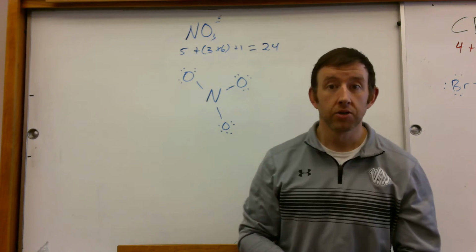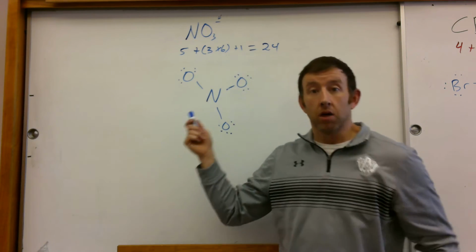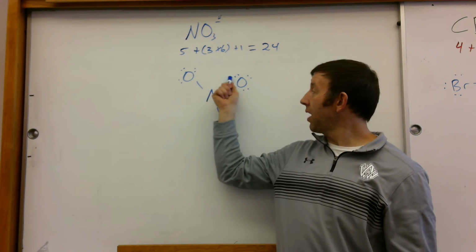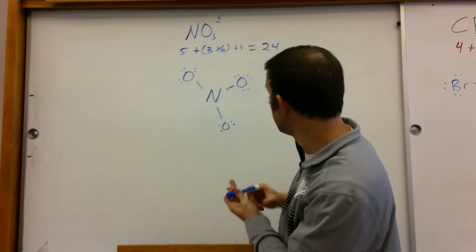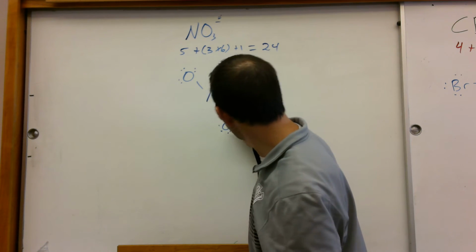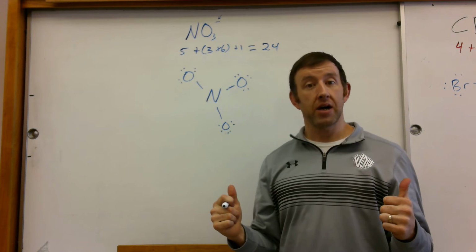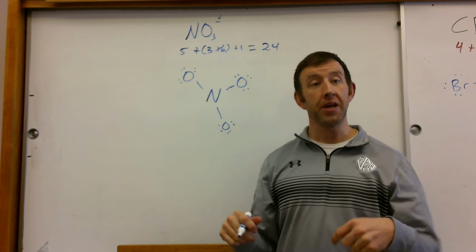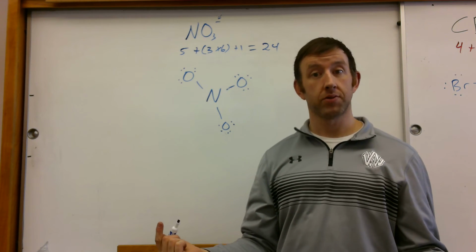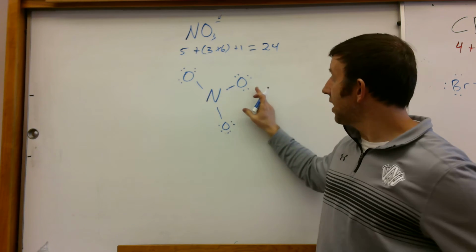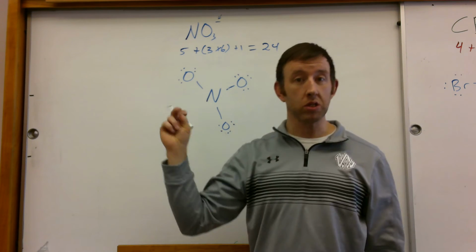All right? So, the next step then here is check for octets. All my oxygens have their octet. That's good. What I don't have is an octet around my nitrogen. All right? So, when I don't have an octet on my central atom, I need to then make another bond with one of the outer elements. Okay? Now, these being oxygen, all 3 of them being oxygen, it doesn't matter which oxygen I choose at this point.